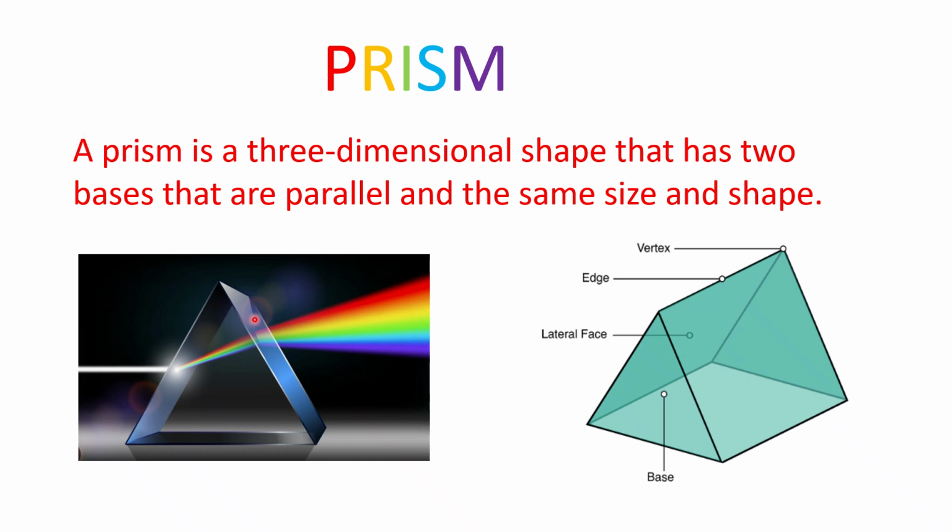The two opposite sides are parallel and identical triangles. The other three surfaces are rectangular. This is a prism. I hope this is clear.